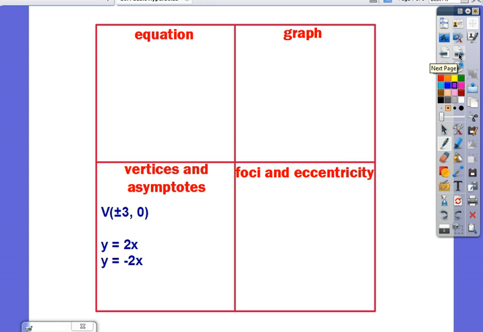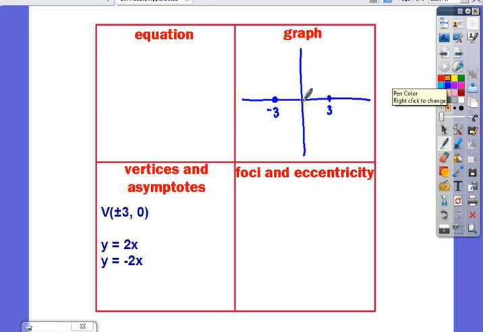All right, one more. Let's do one more. Let's graph it. Vertices at 3 and -3. And this is strange because they're giving me asymptotes.